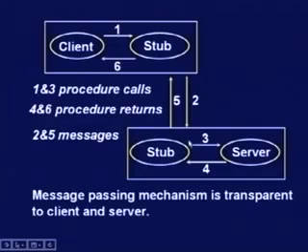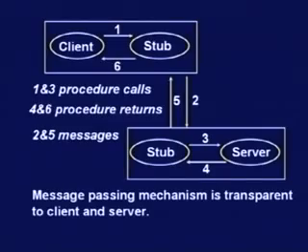The server stub does a simple local procedure call to the server. The server will service the request and send a return procedure, through which it sends the time of the day to the stub. The stub will reply with a message, 5, to the client stub, and then the client stub does a procedure return and gives the value of the time of the day to the client.